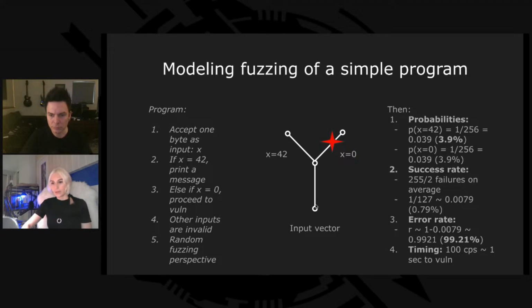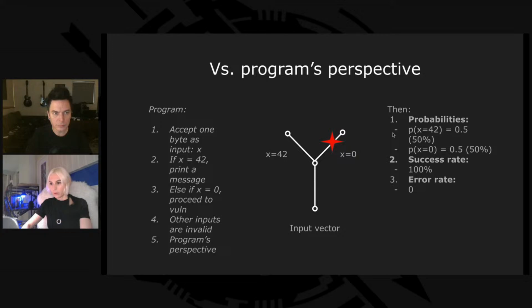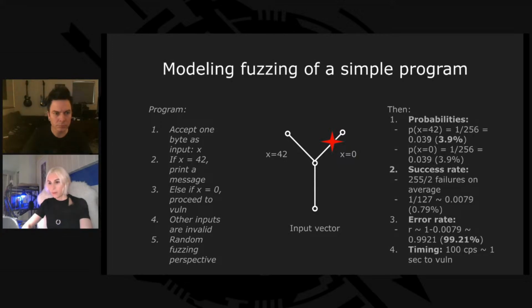And what happens during fuzzing? Let's assume that we are throwing random bytes at this input vector. The first thing we want to see here is the probability of the fuzzer reaching each particular branch. The probability of this one branch, as shown here, will be around 4%.